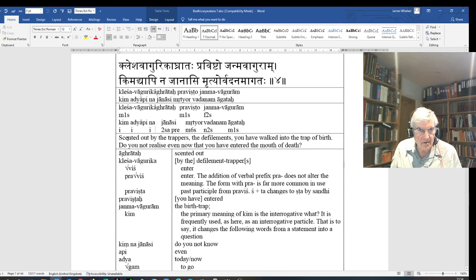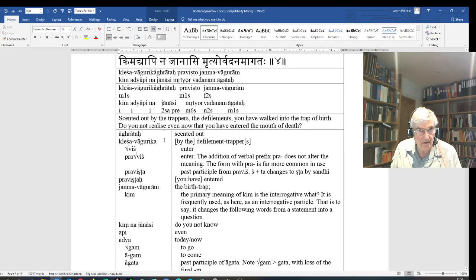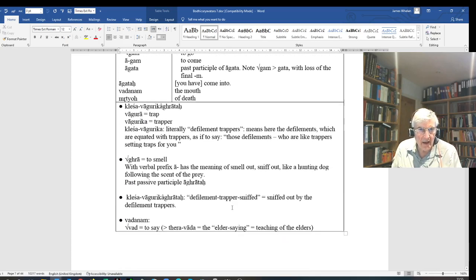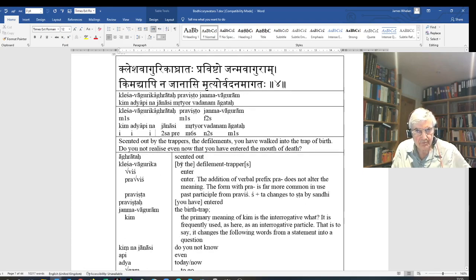Then you will see a straight English translation. Then the words of the original text repeated in the left-hand column, and there are points here that I'll deal with in a moment, and with an explanation, not just a translation, well, translation and explanation in the right-hand column, and certain additional notes in the last box.